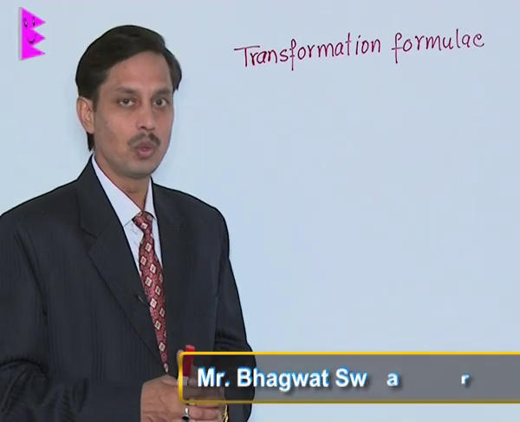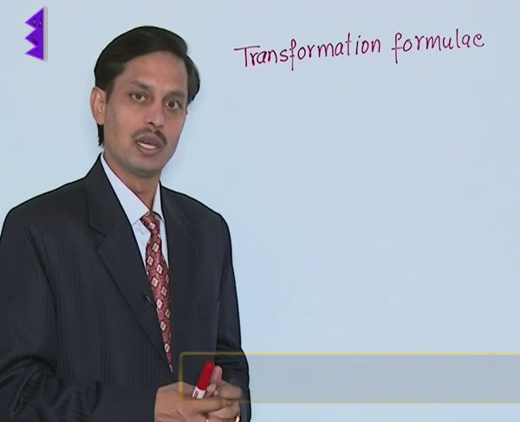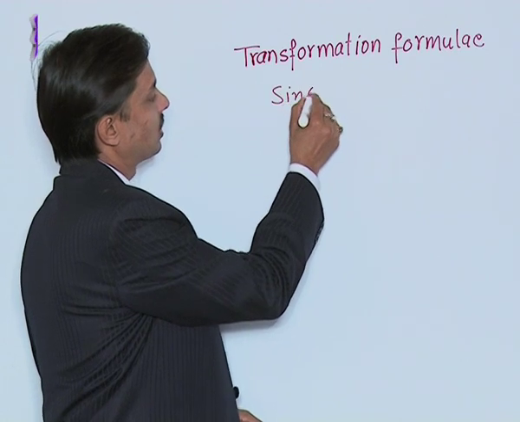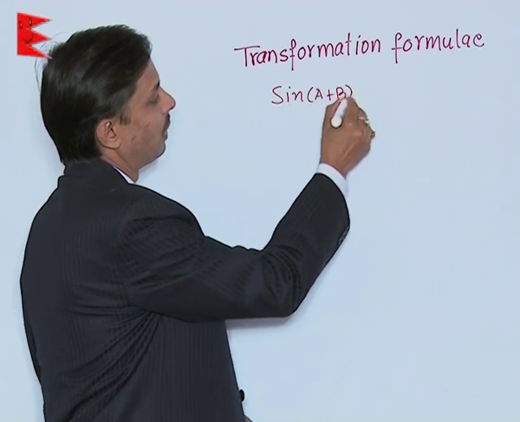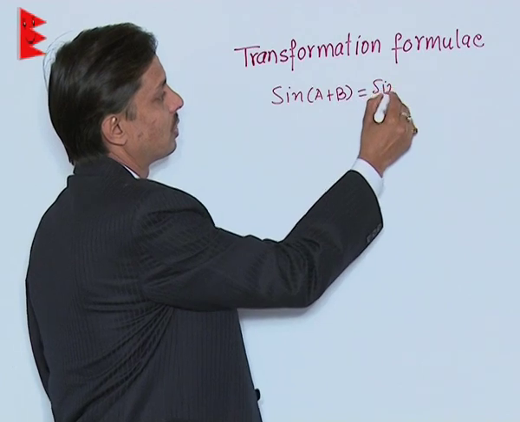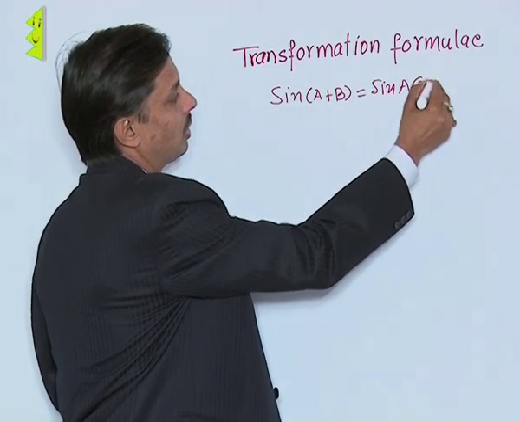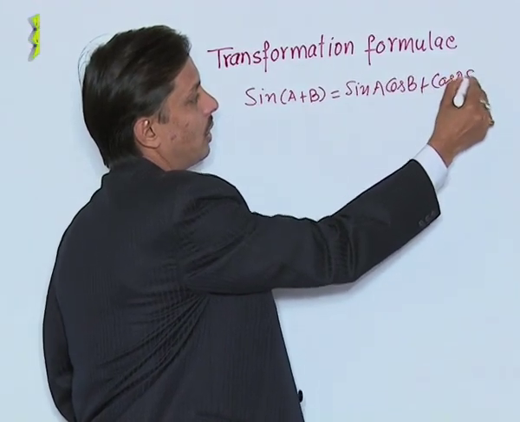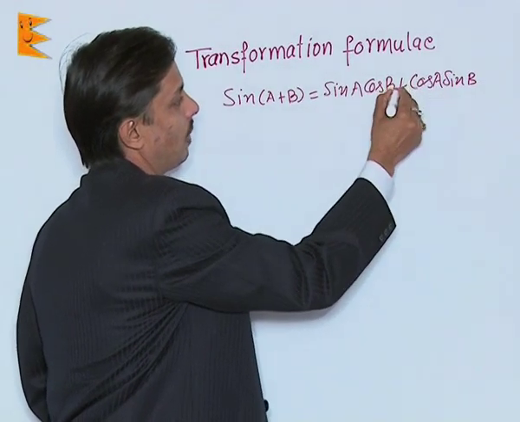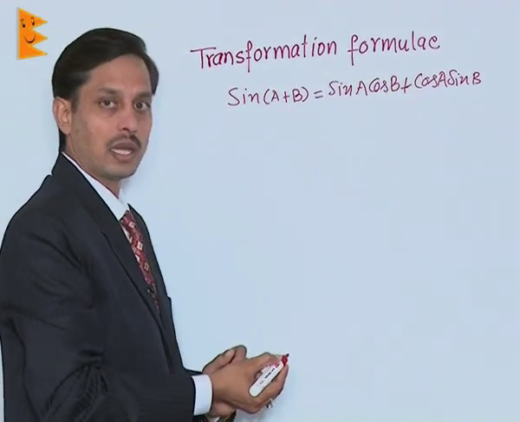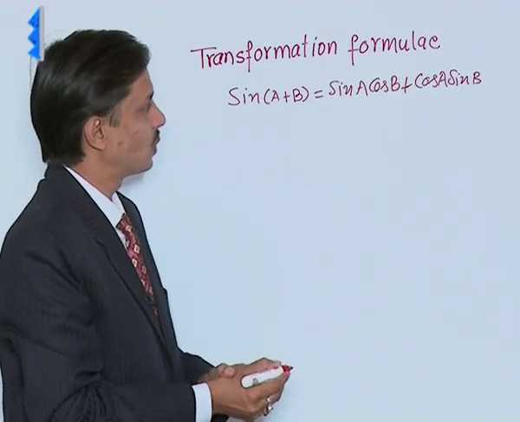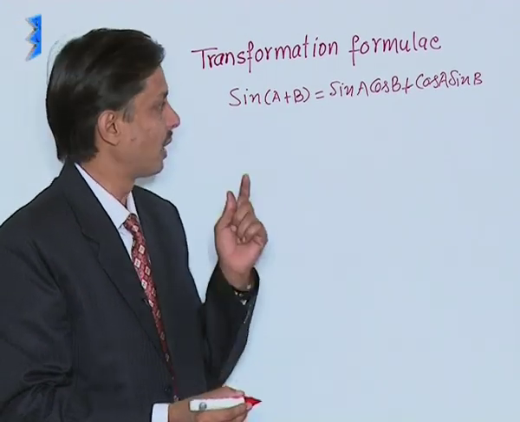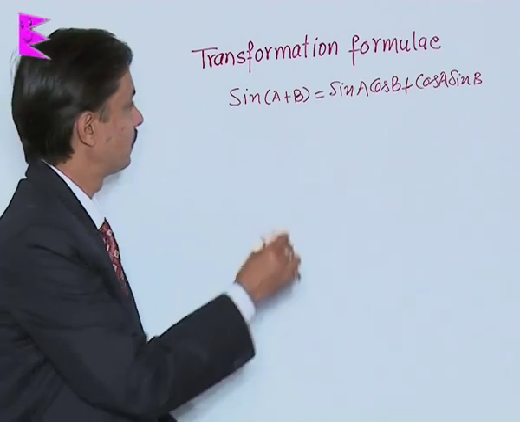As the results used in the compound angles were sine of A plus B. The first result was sine of A plus B is equal to sine A cos B plus cos A sin B. This identity, this formula, we have used for the purpose of finding the value of the trigonometric angles which are not direct.